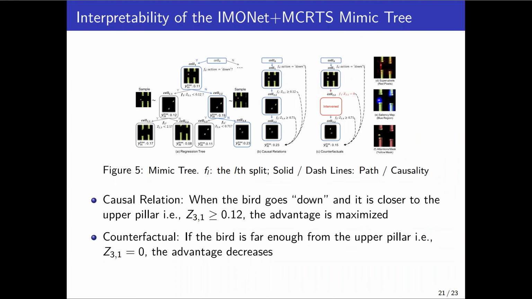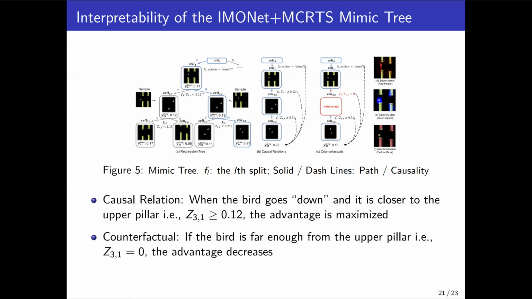Lastly, when we look at the resultant regression tree, these visualizations capture the difference of object information after splitting. Recalling from the previous slides, the first variable for the bird is negatively proportional to the distance between the bird and the upper left pillar. The advantage of the action going down is maximized. This causal relation is again verified by sampling separate data points from the child nodes.